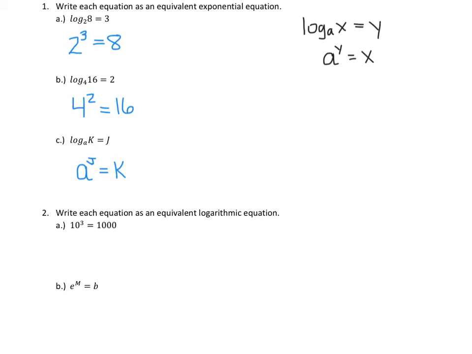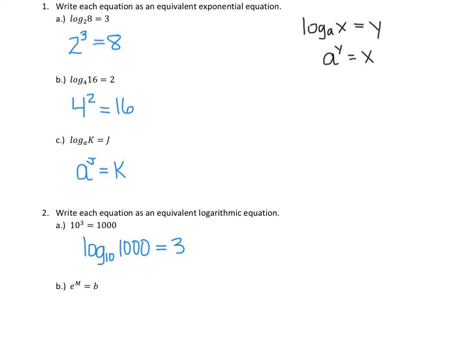So here our base is 10, so we could write this as log base 10 of 1,000 equals our exponent, and our exponent is 3.